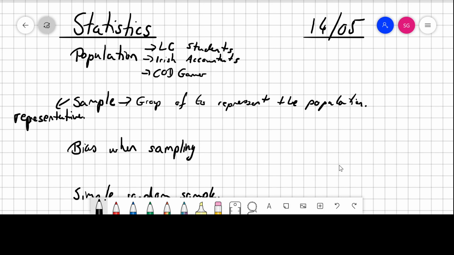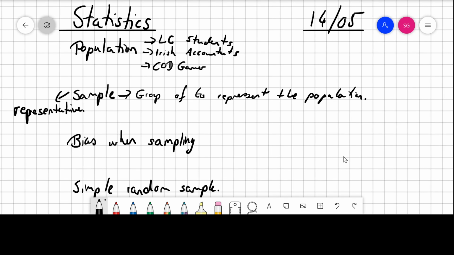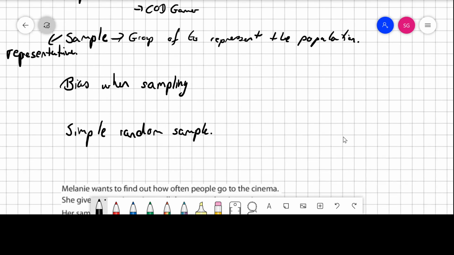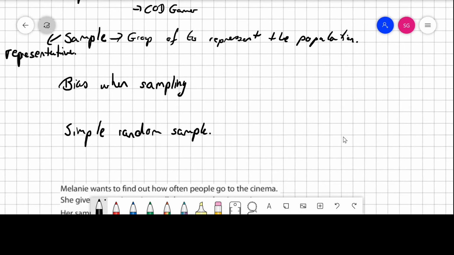So I know we've hit upon bias in a number of different ways. Really, it's any way in which you skew your data through pre-existing understandings. Finally, we've got simple random sample.